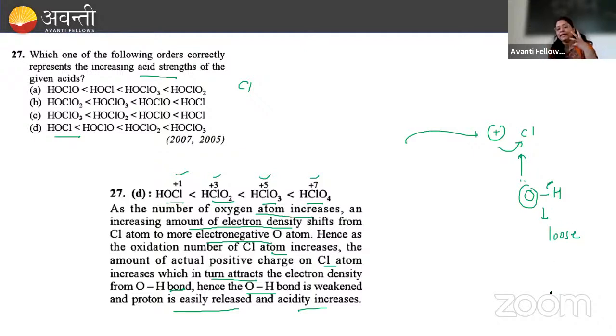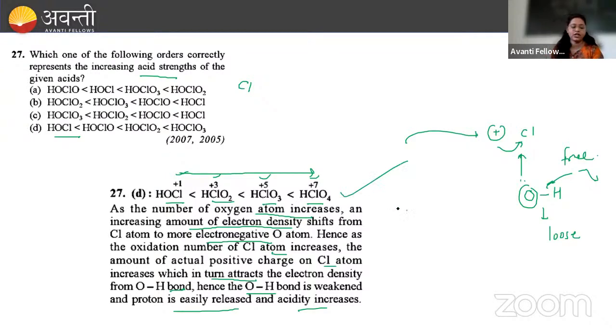As it becomes loosely bound to the oxygen atom, it is free to move, it is free to give out, it is free to go anywhere. That's why, as the positive charge increases, the capacity of pulling the electrons from oxygen increases, and that's why the O-H bond becomes weak, and as it becomes weak, the hydrogen can go anywhere easily. That is a good acid. HClO4 is a good acid.